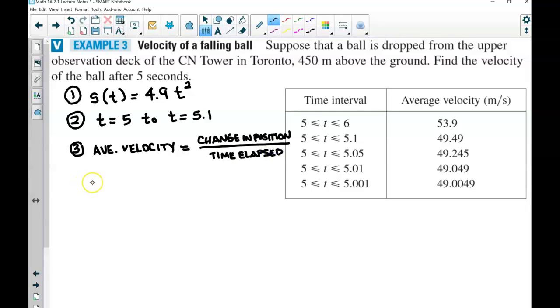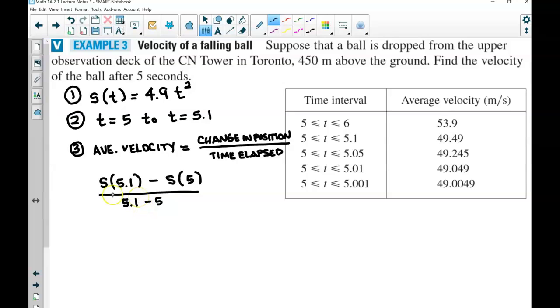What we want to do is plug 5.1 into the function and subtract what happens when you put 5 into the function, because that gives you the change in position over the time elapsed. The time elapsed is 5.1 minus 5. Again, you're using the rate of change here.